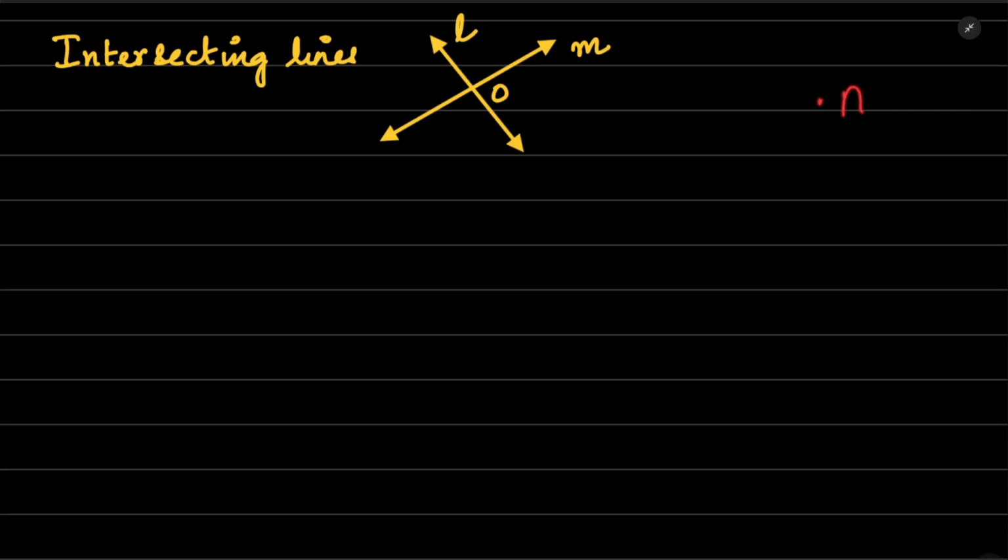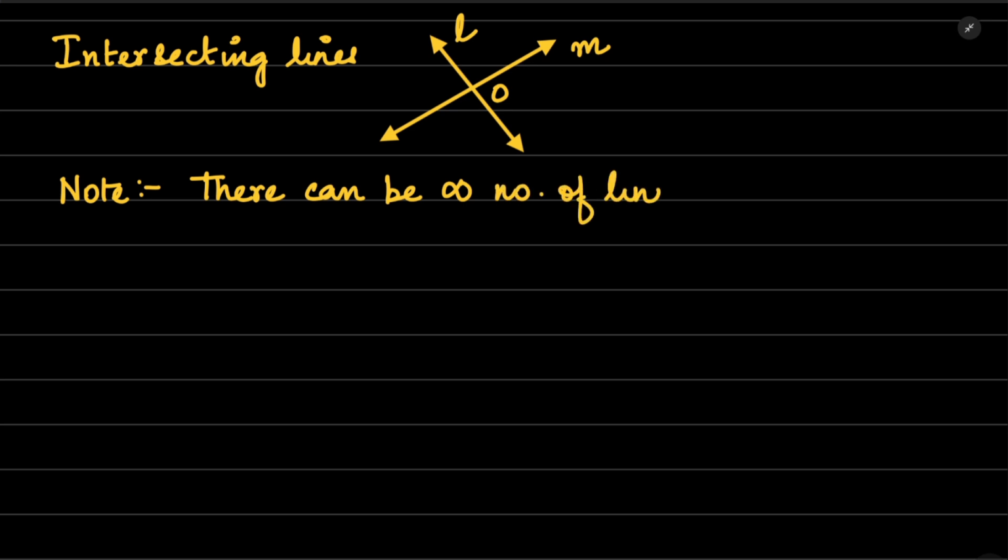Now, how many lines can you pass through a single point? If you have a single point A, you will have an infinite number of lines passing through it. This is something you should remember. There can be infinite number of lines that can pass through a single point.